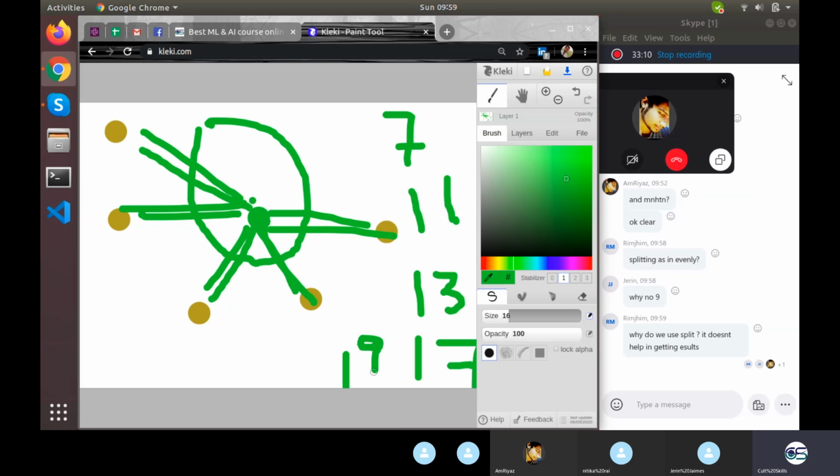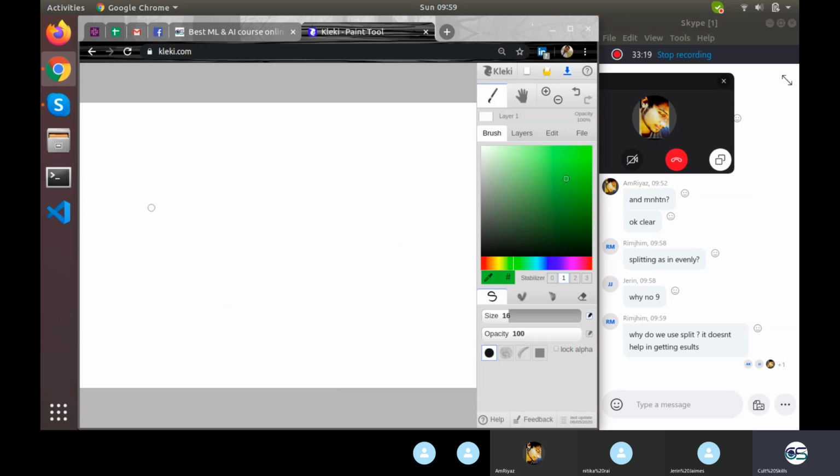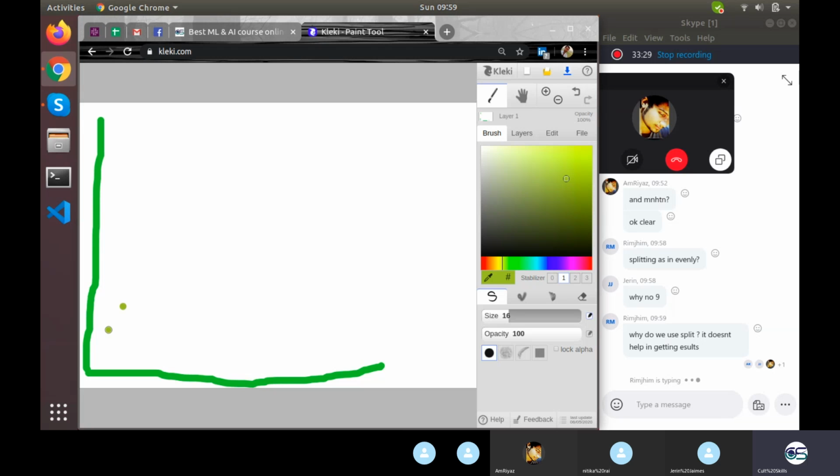Why do we use split? It doesn't help in getting a result. No, we don't use split. What I said is that suppose there are 5 class data. So in a graph, this is what my graph is. And there are 5 classes. One of the classes right here. One of the classes right here.